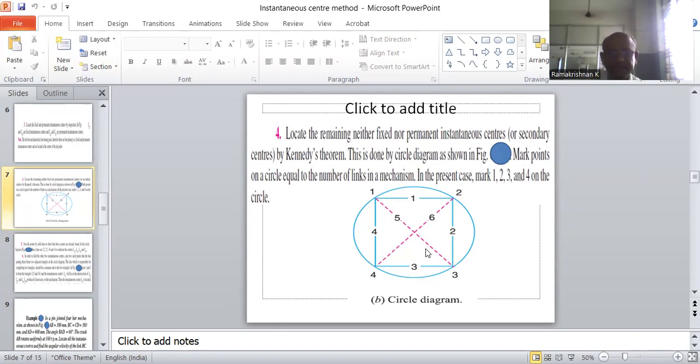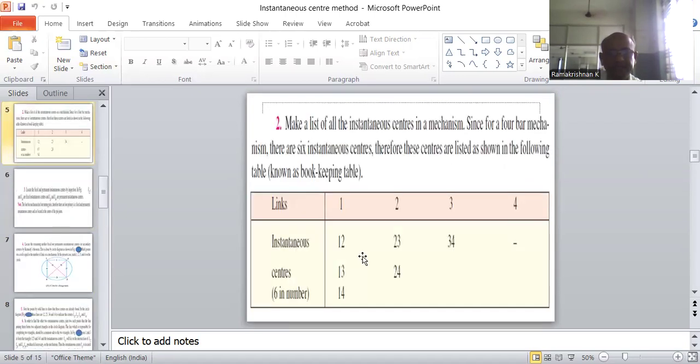Here we can easily see the I-13 instantaneous center is located at the junction of the 2 pairs of instantaneous centers, I-12 and I-23, and I-23 and I-14.